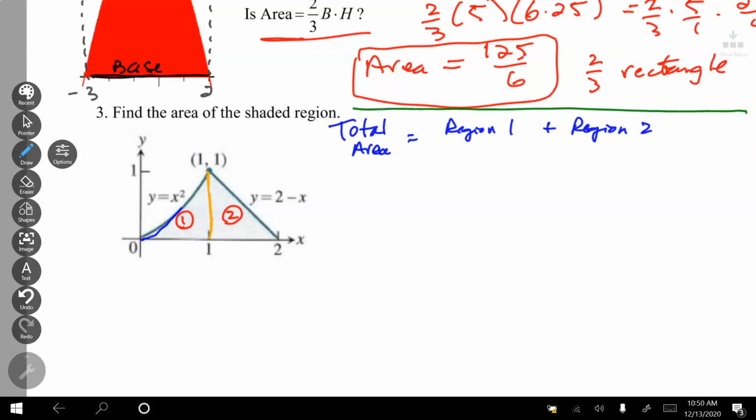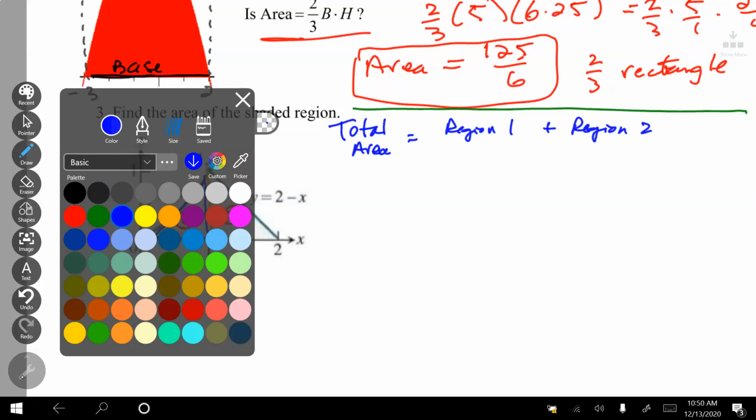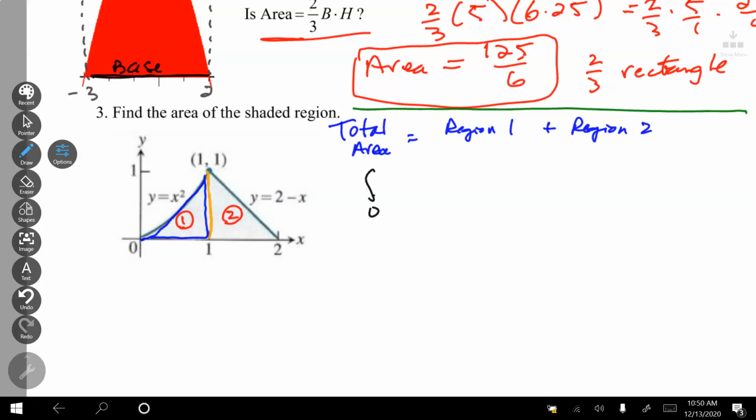Well, region 1 is the integral from 0 through 1 of x squared dx, plus region 2 is an integral from 1 to 2 of 2 minus x dx.